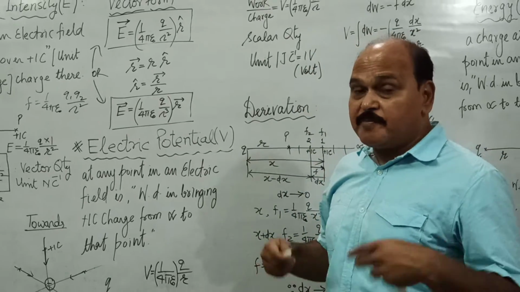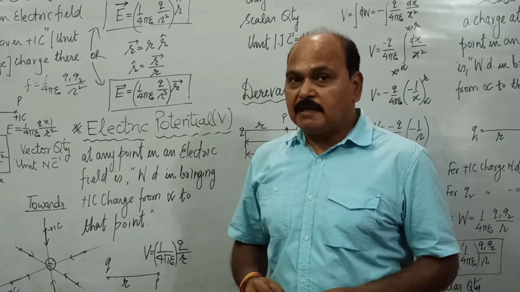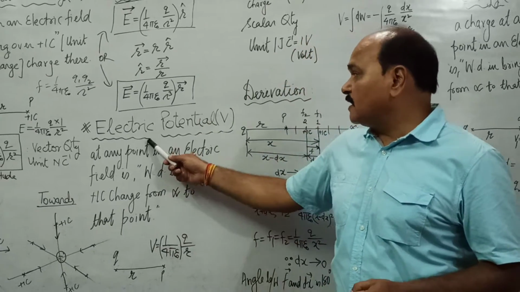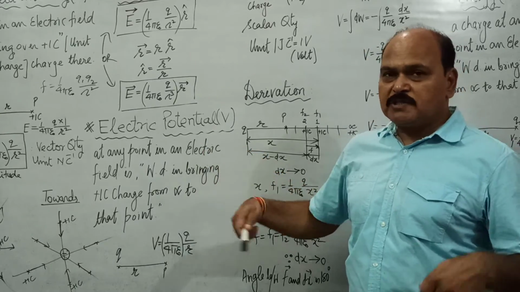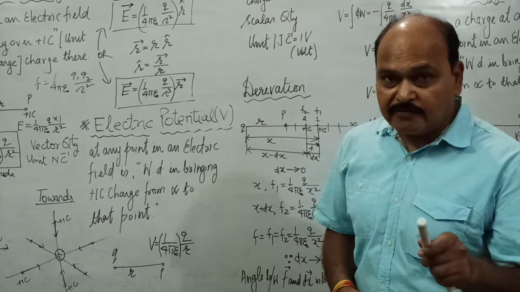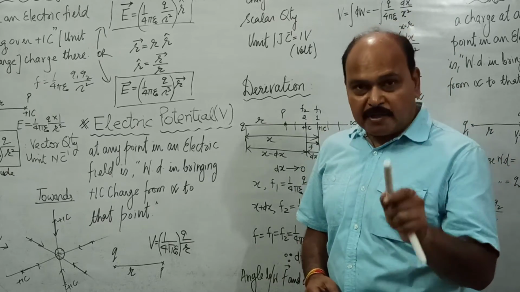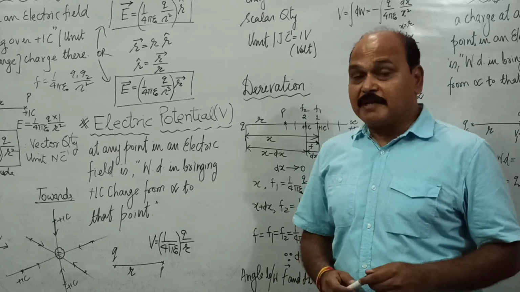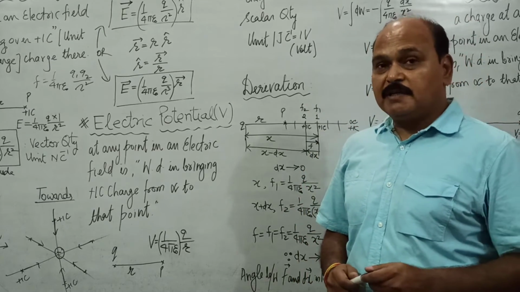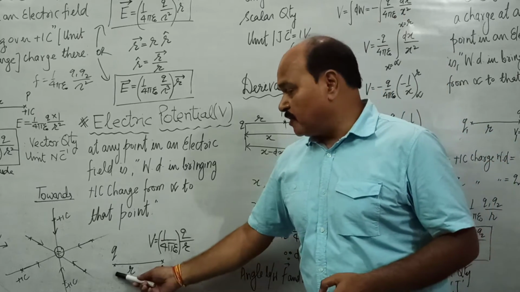Well, the next very important definition associated with each and every point in an electric field is electric potential. What is electric potential? Electric potential at any point in an electric field is the work done in bringing a unit positive test charge from infinity to that point. This is point charge q.